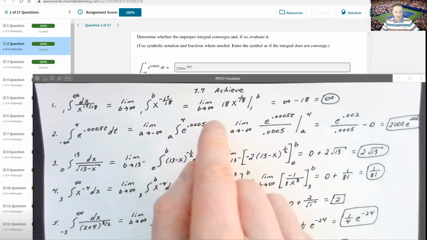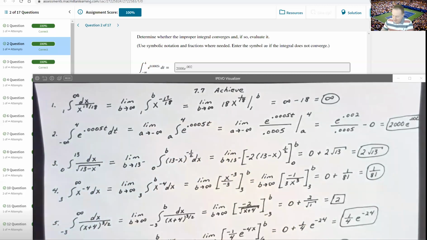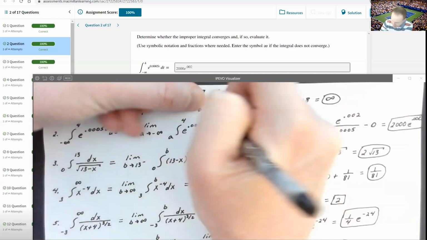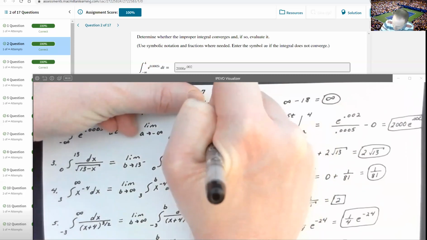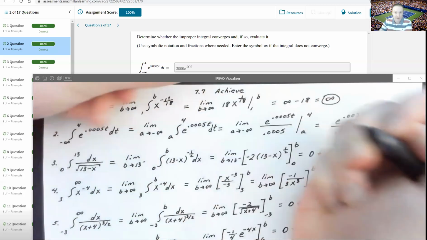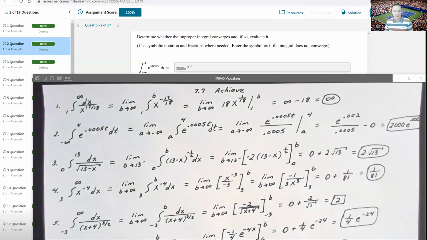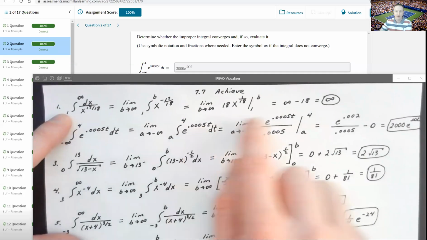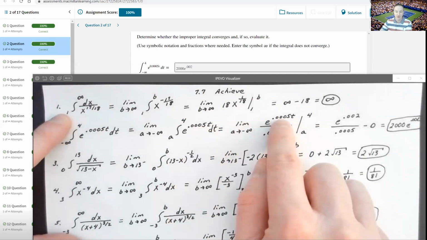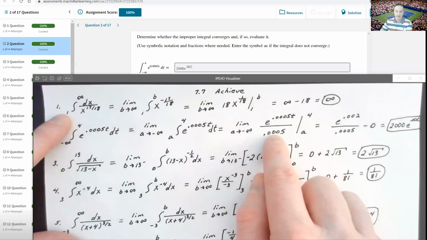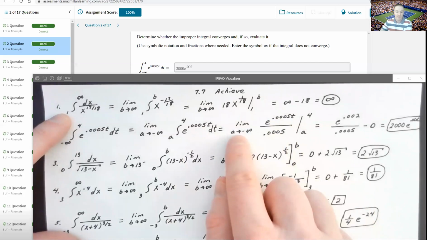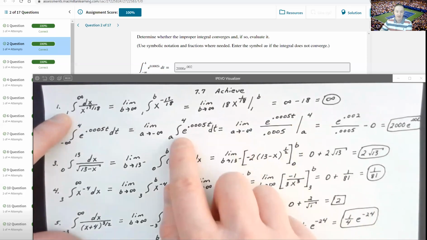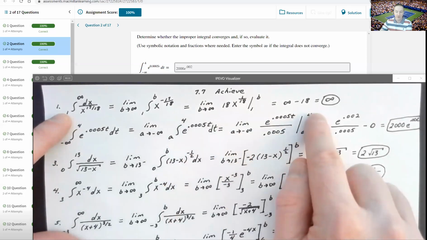Now, in this step, I needed a dt that's still being integrated, so I'll squeeze that in. And then we can say, well, we need to integrate that exponential function with respect to t. We know the integral of any exponential function is that exponential function divided by the derivative of its linear exponent. This is still inside of a limit as a approaches negative infinity, evaluated from a to 4.